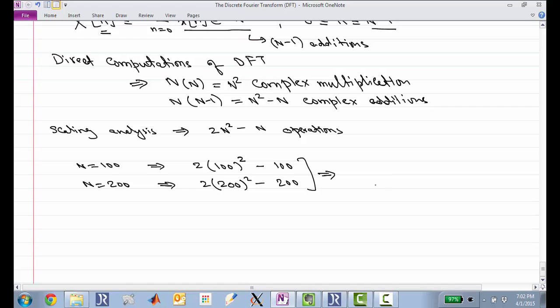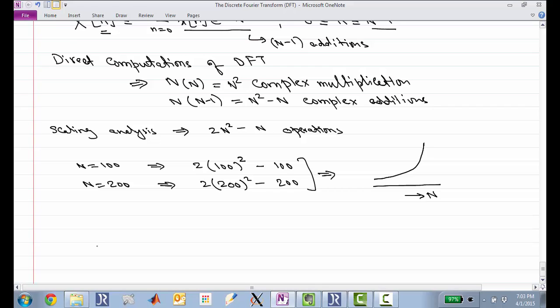If I plot capital N here and ask how much time it is going to take, ignoring the minus N factor, it's effectively going to grow like this. It's going to have a quadratic expression. It's going to be scaling like N squared, which is really bad as you increase the number of DFT points or the length of your DFT sequence.